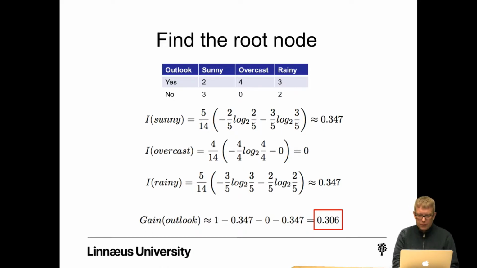And the gain for Outlook is 1 minus the information gain for all the possible values, I sunny, I overcast, I rainy, and it ends up in a value of 0.306. So that's the information gain for the Outlook attribute.